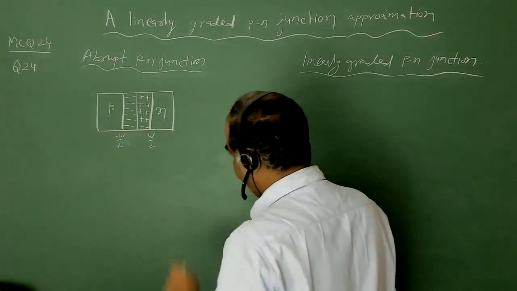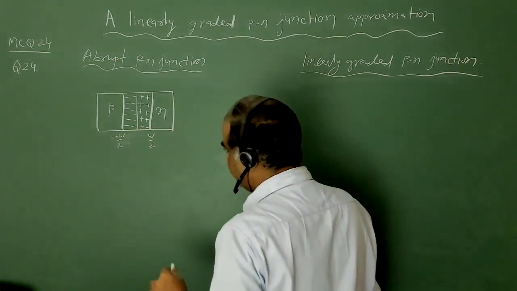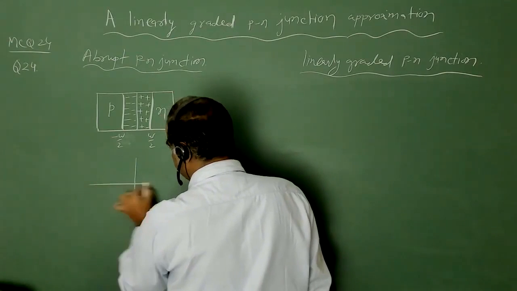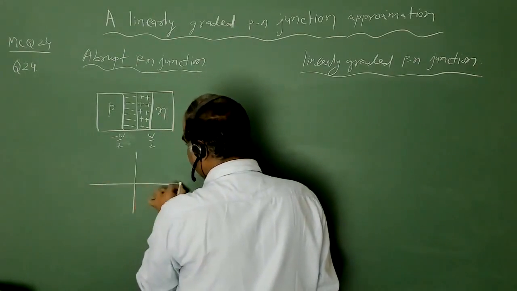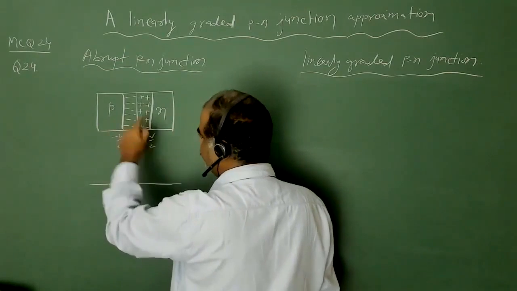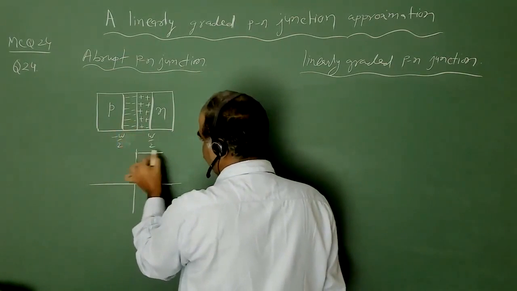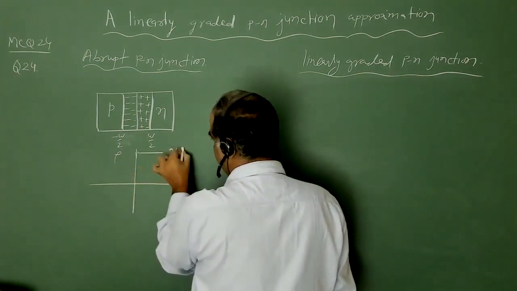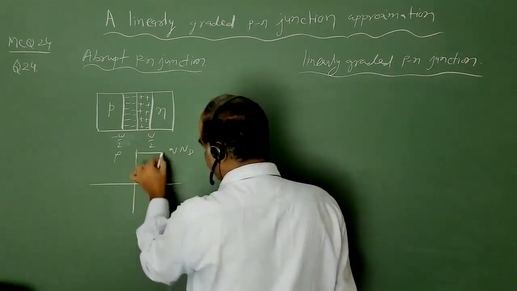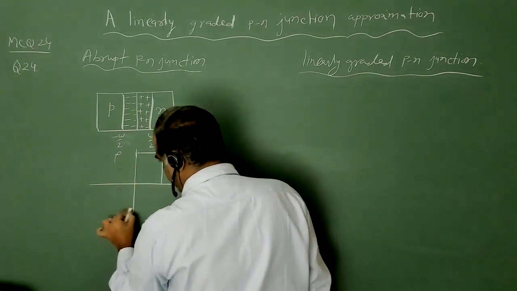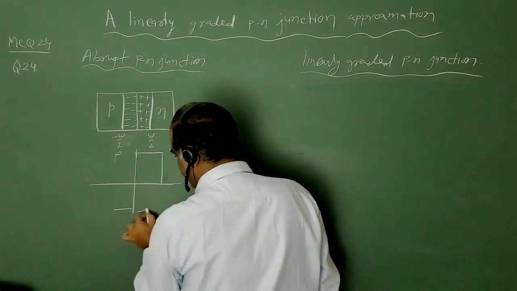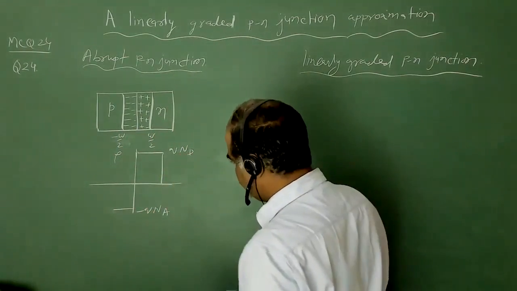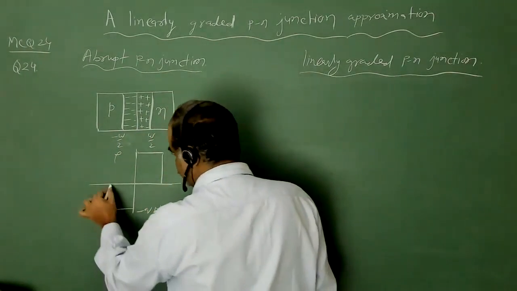If we draw the charge density, we see the charge density suddenly varies when we go from P to N region. In the charge density profile rho, here we have q N_D, while here we have minus q N_A, where N_D is the donor ion concentration and N_A is the acceptor ion concentration.